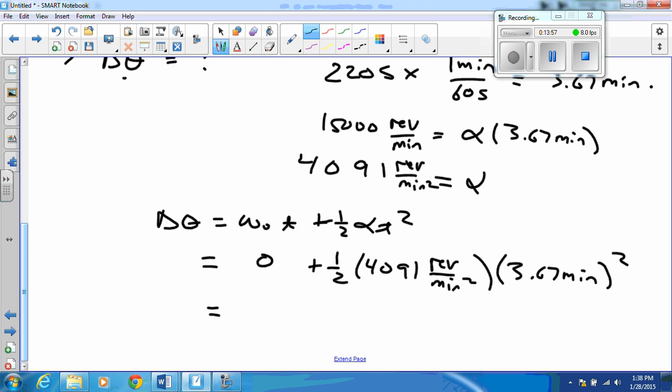Plug in here, and we're going to get a very large number of revolutions, somewhere in the order of about 20,000, maybe 25,000. 27,500.